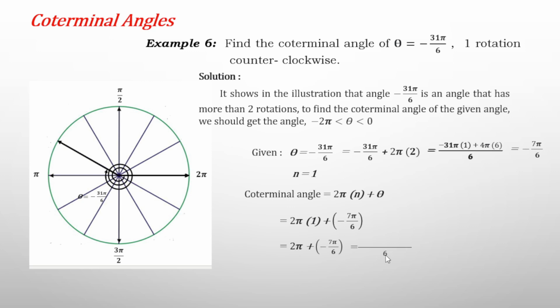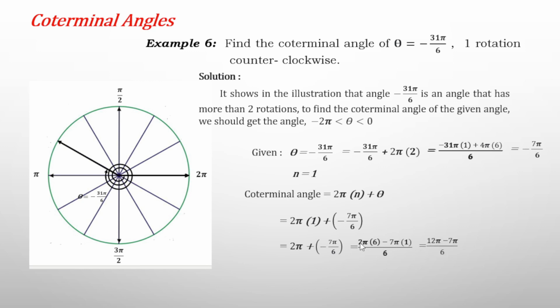So 6 times the first term 2 pi becomes 2 pi times 6. And 6 divided by 6, that is 1, times negative 7 pi. So we have negative 7 pi times 1.